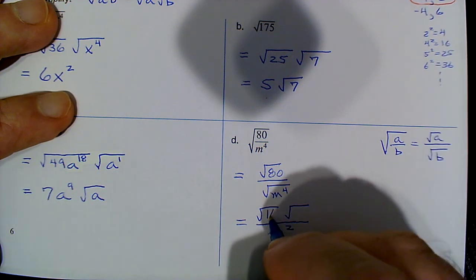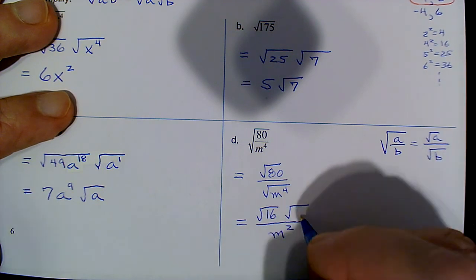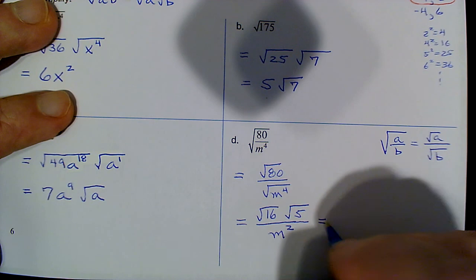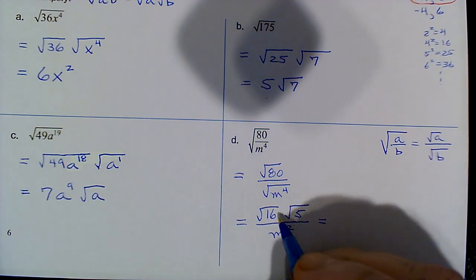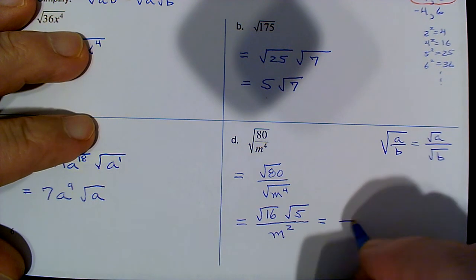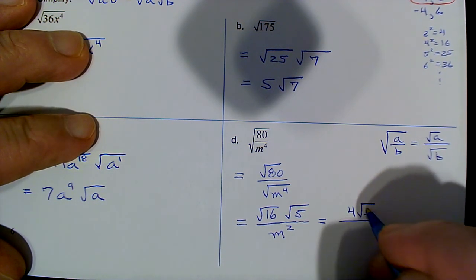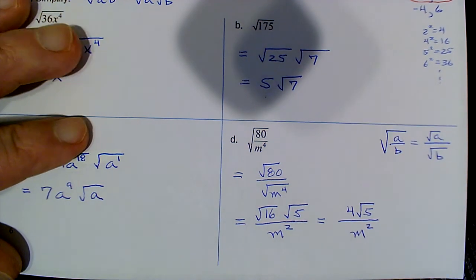So we put the 16 under the first radical, and the leftovers, 16 times what is 80, that's 5, goes under the second radical. And then we just take the square root of 16, which comes out of the radical as 4, tag along the square root of 5, and we get the m squared in the denominator.